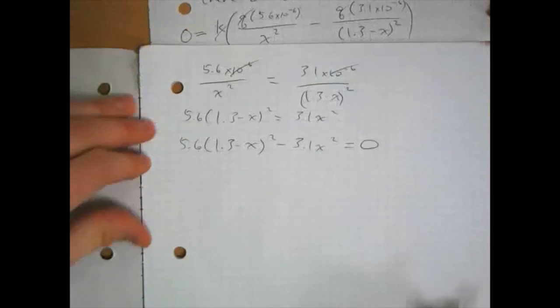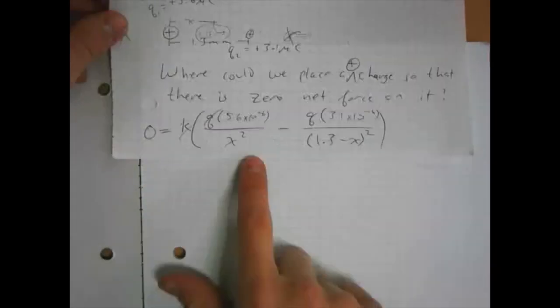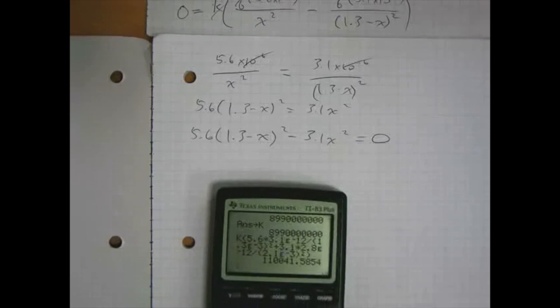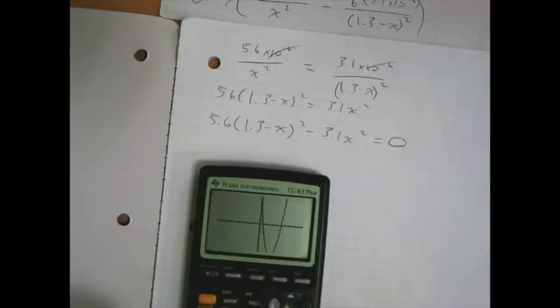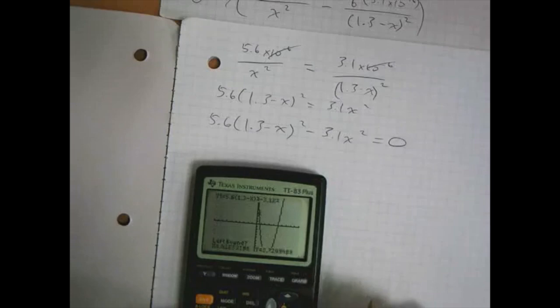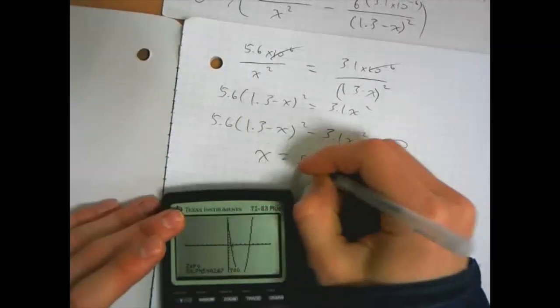You probably have just punched it into your calculator right there and determined where the 0 is. Now this is a quadratic, so there are 2 zeros. So we go calc zero, find this one, and this gives us 0.745.